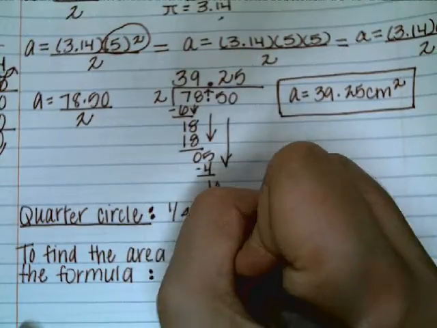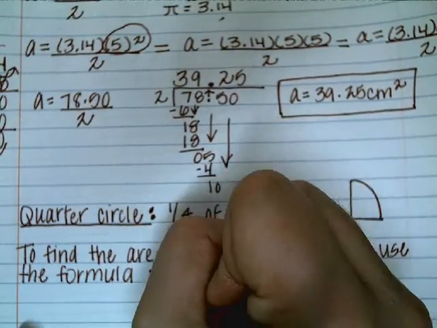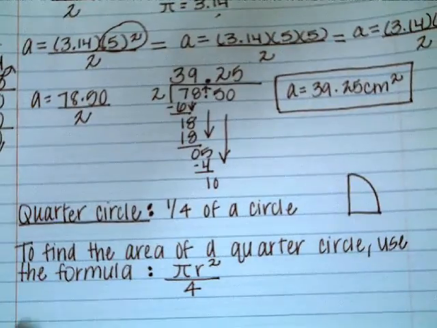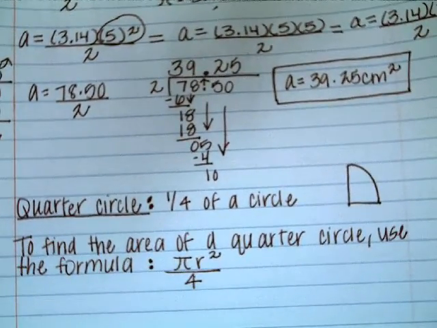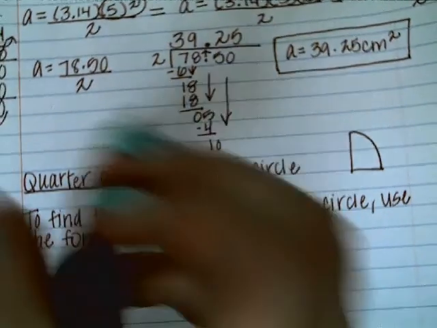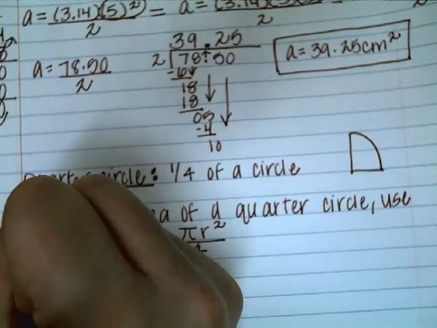Pi r squared, and then divide it by 4 because it's 1/4 of a circle. So we're going to use the same measurement. Let's talk about our example.